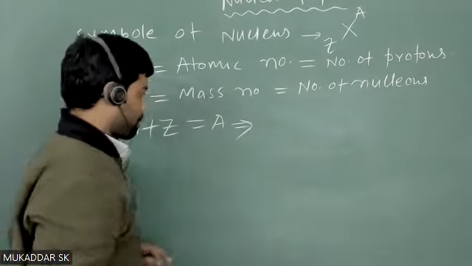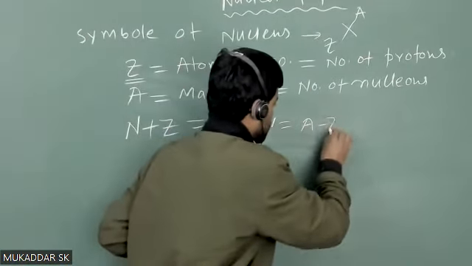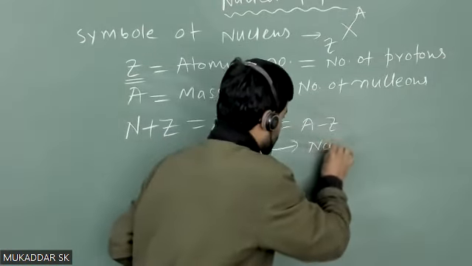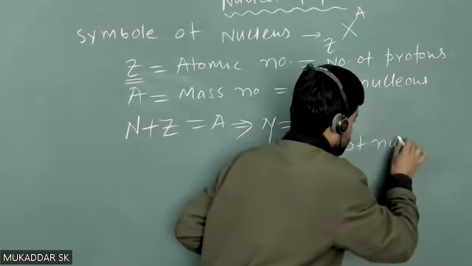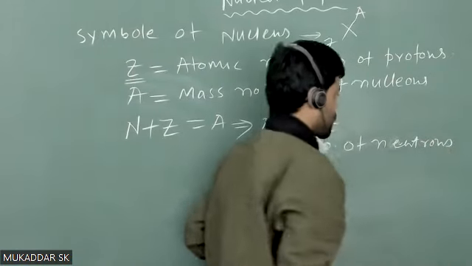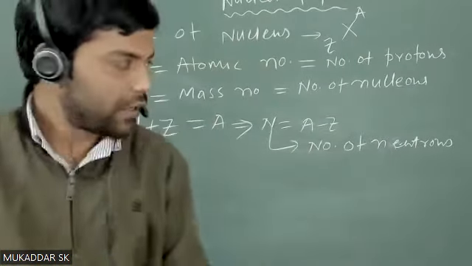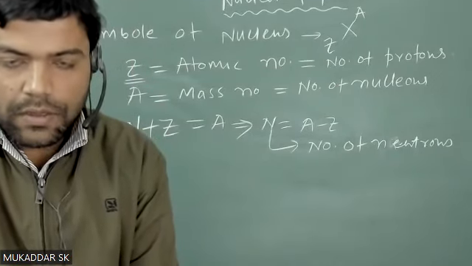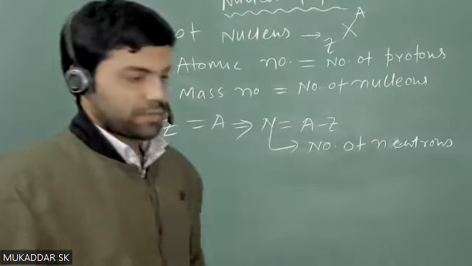It means N will be nothing but A minus Z, and N is called the number of neutrons present inside the nucleus. So Z is your proton number, A is your mass number, and N is your number of neutrons present inside the nucleus.